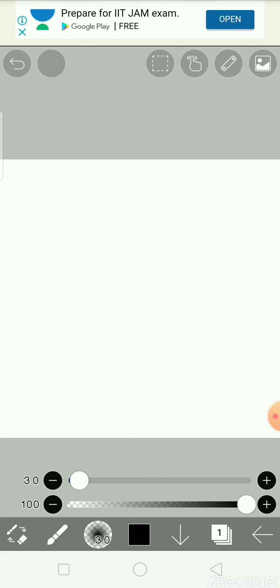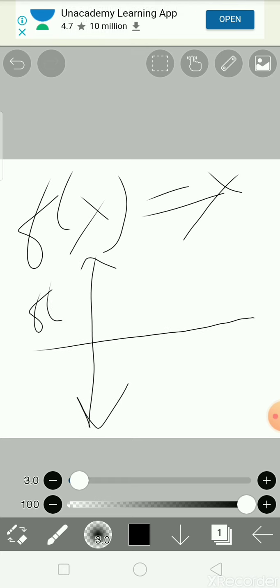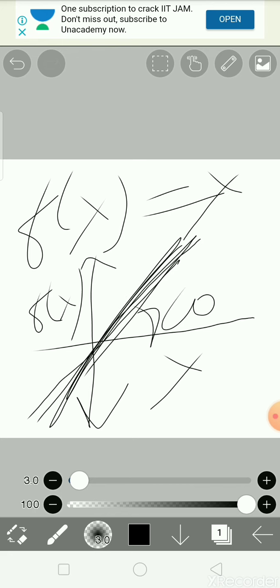For the function f of x equals x, let's draw its graph. This is f of x and here is x. Here we get a slope like this. Its slope is a constant which is 1.